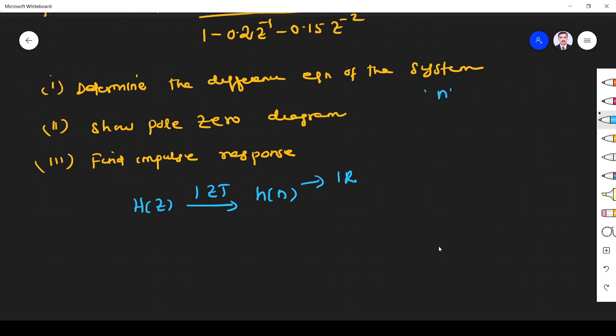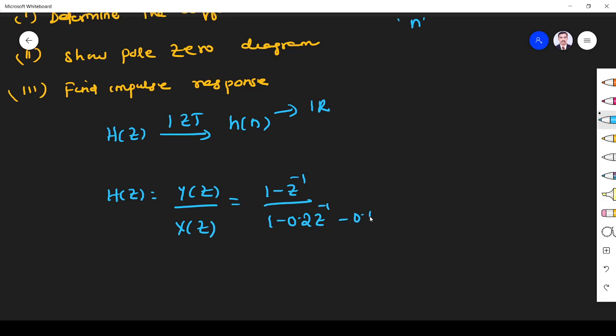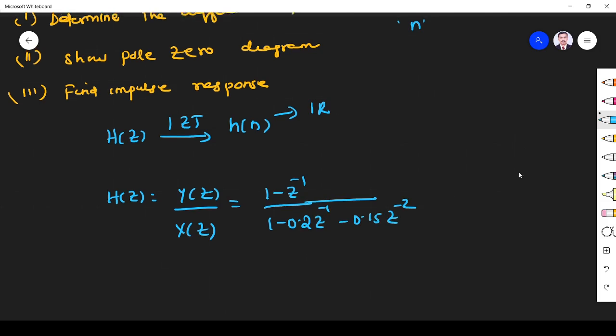So what they have given is H of z. H of z is nothing but Y of z divided by X of z, that we know. That is given by 1 minus z inverse divided by 1 minus 0.2 z power minus 1 minus 0.5 z power minus 2. Yes, of course.